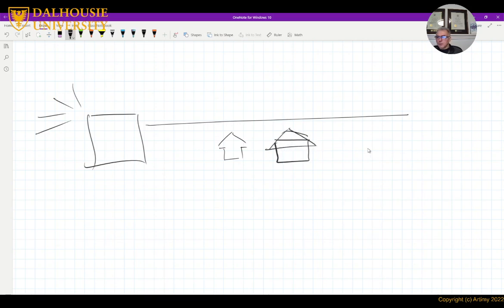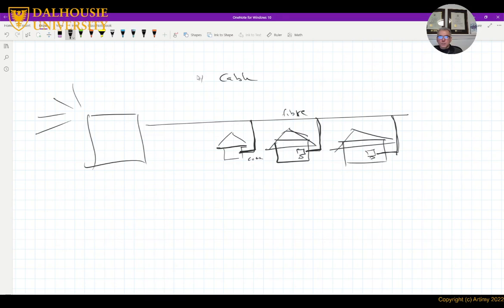So these are houses. Each house will subscribe to this service. This is fiber, and this is coaxial cable. So it goes from the main fiber line to the house, and in the house we have a TV here. And this was what's called cable TV.